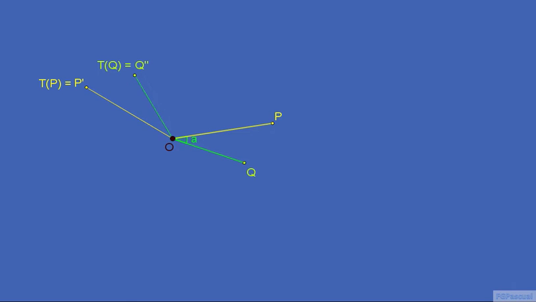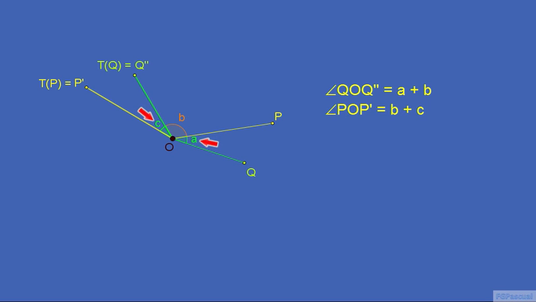We designate angle QOP as angle A. Call angle POQ double prime as angle B. And let angle P prime OQ double prime be angle C. So angle QOQ double prime is equal to A plus B. Angle POP prime is equal to B plus C.